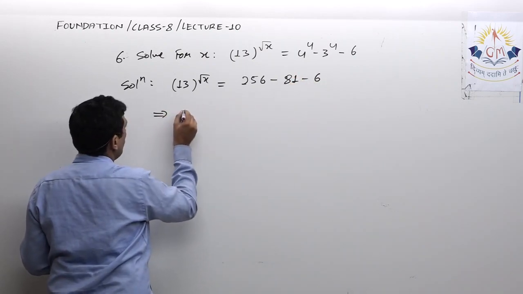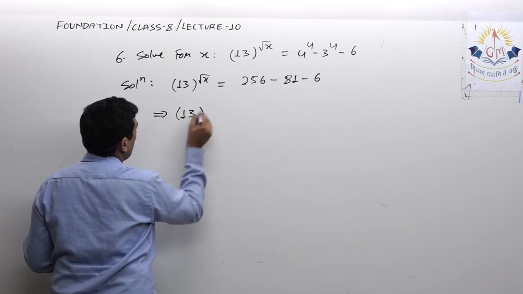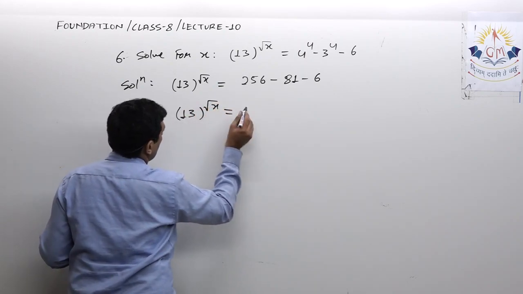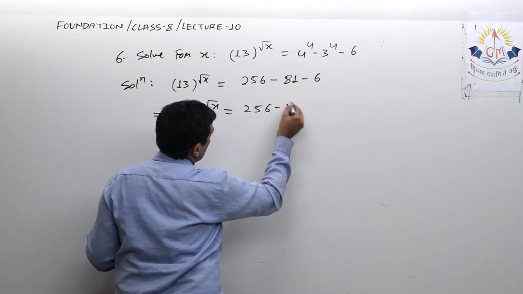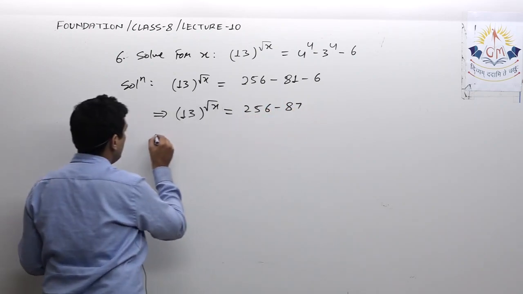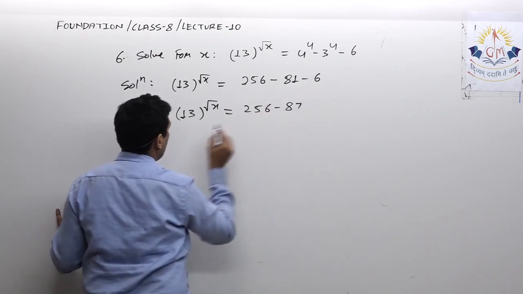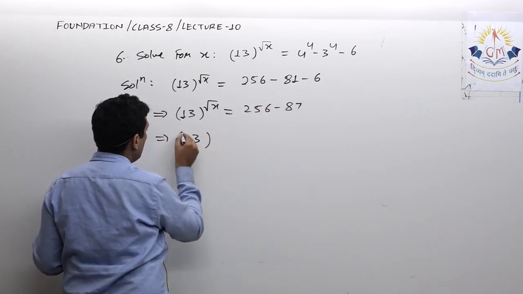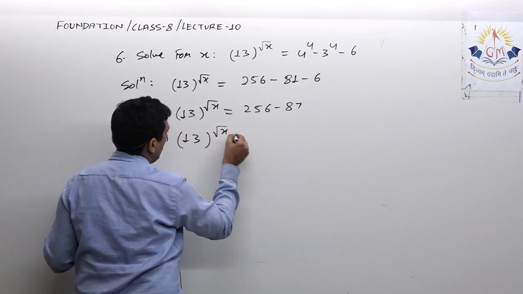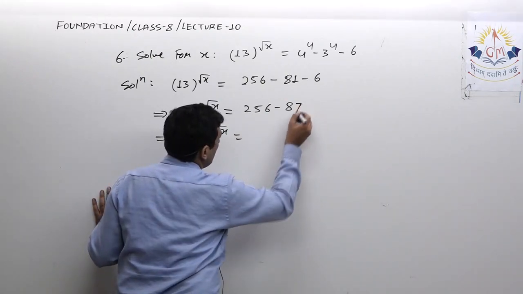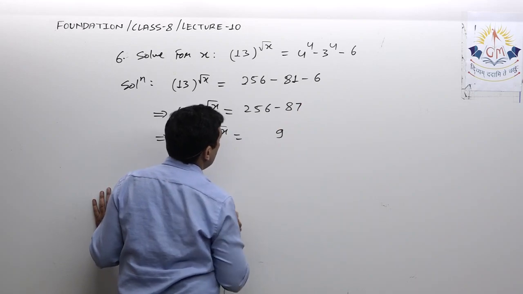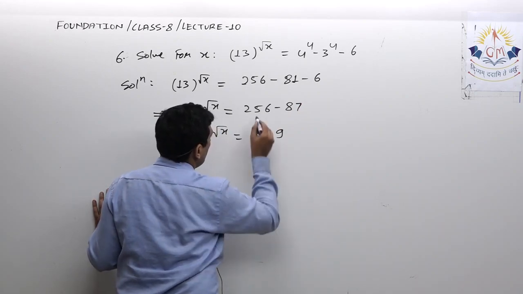So this gives you 13 raised to root x is equal to 256 minus 81 minus 6. So 13 raised to root x is equal to 256 minus 81 is 175, minus 6... 16 minus 7 is 9.